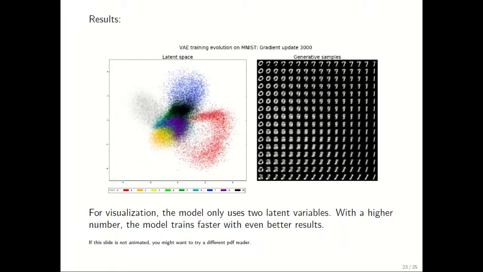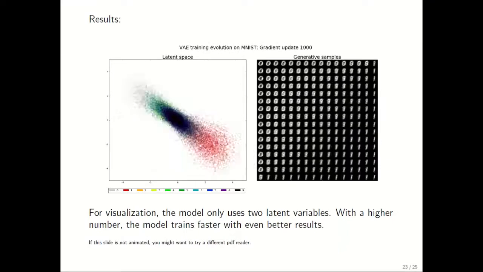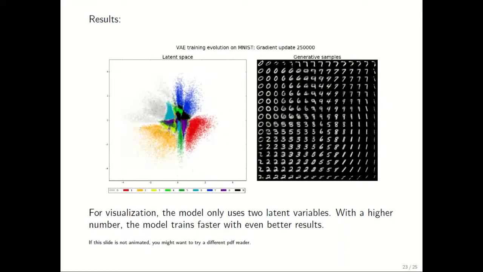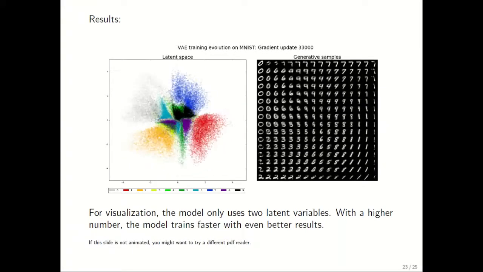And the position of the sample corresponds to the position of the latent sample in latent space that the respective sample is based upon. Okay, so the 7s in the top right corner also correspond to latent samples in the top right corner of the latent space.